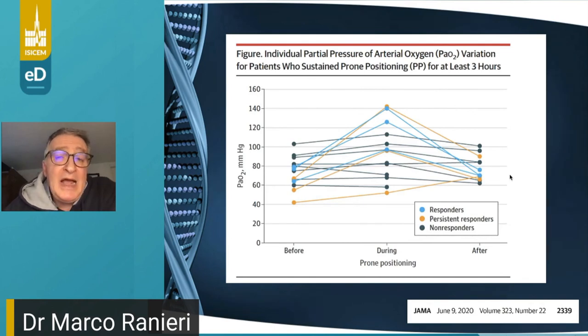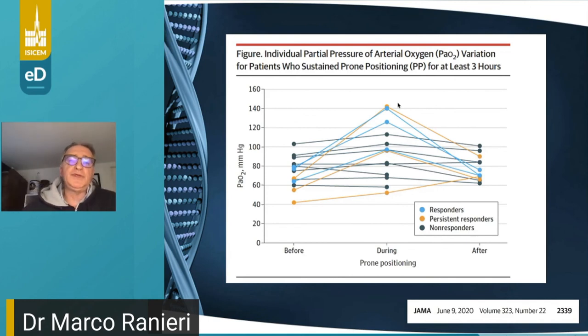And again, as in the previous series of data obtained in patients intubated and on invasive mechanical ventilation, also in patients on non-invasive ventilation it was possible to see patients who did respond to prone positioning and patients who did not respond to prone positioning, duplicating therefore in non-invasive ventilation what we saw on invasive ventilation.